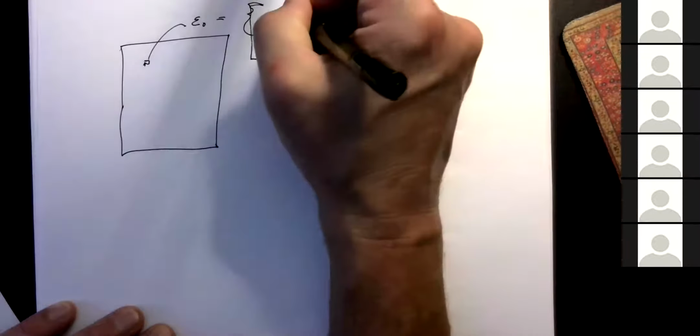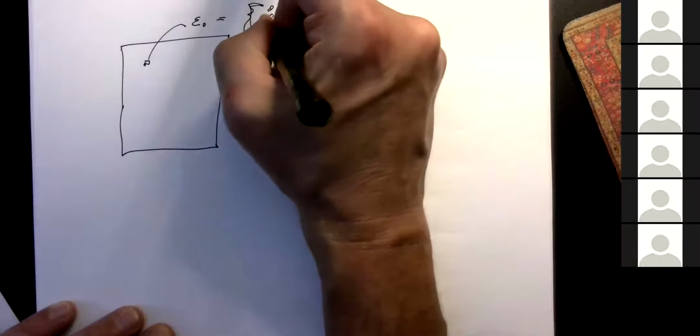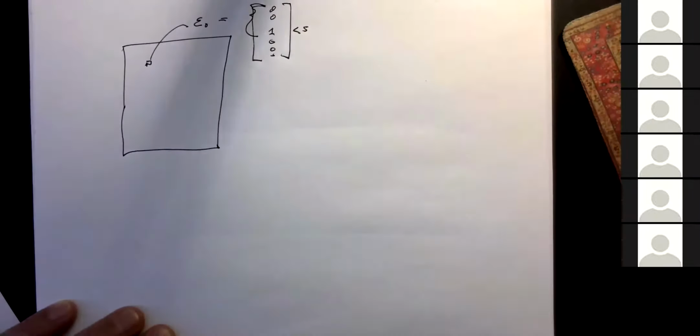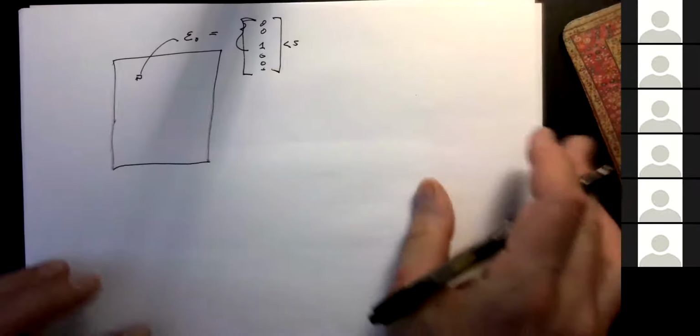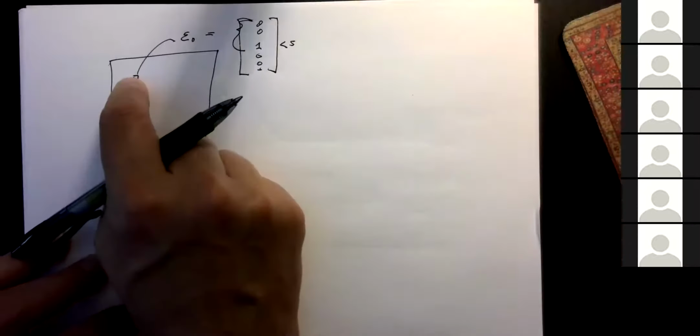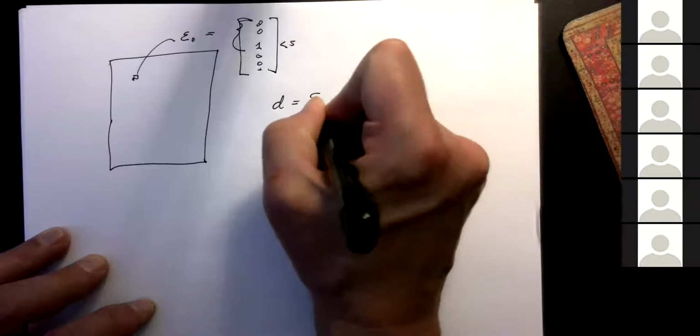It's a vector. It has all zeros in it except for a 1 in one location, and that location is at position s. So it's like an impulse at pixel s. That becomes your direction vector. So d is equal to epsilon s.